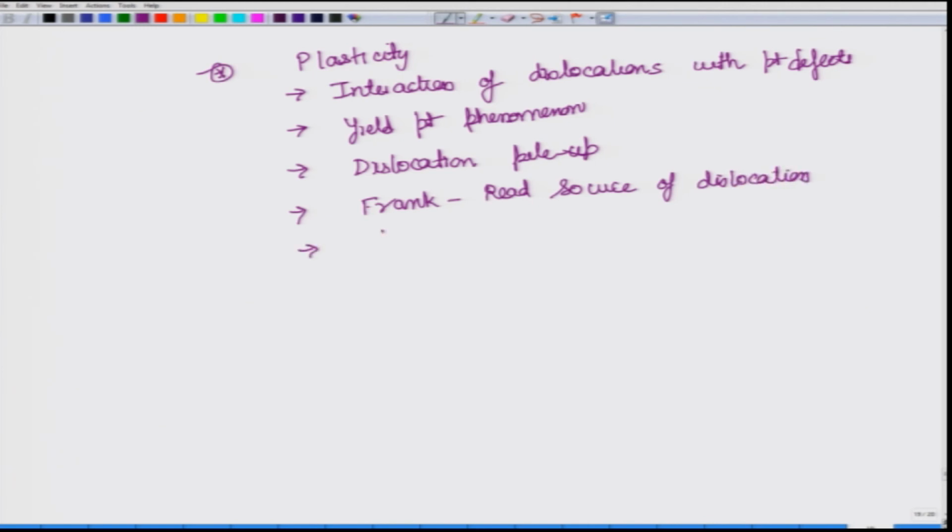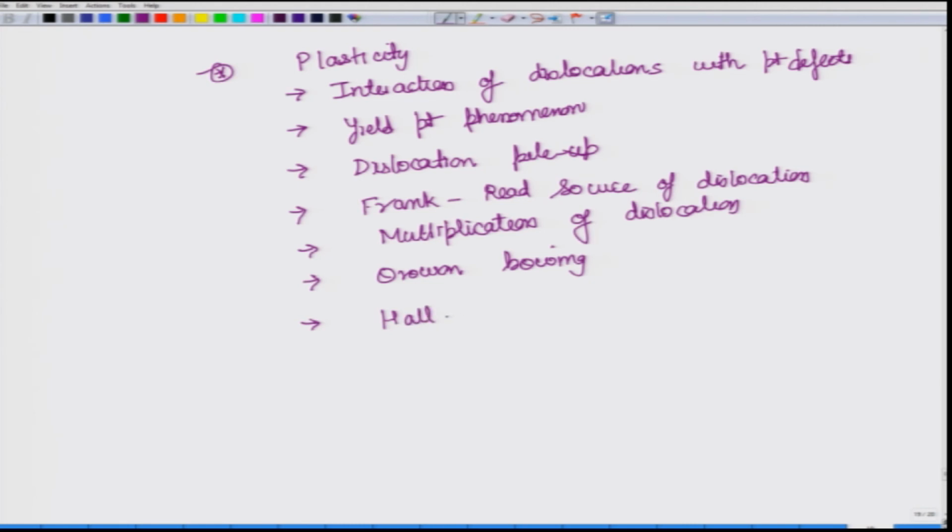And related to this, we will also look at other mechanisms of multiplication of dislocation, Orowan bowing, where because of the presence of 3D defects like inclusions, the dislocations have to bow around the obstacles, and also how such phenomena can lead to hardening, which is known as Hall-Petch effect.